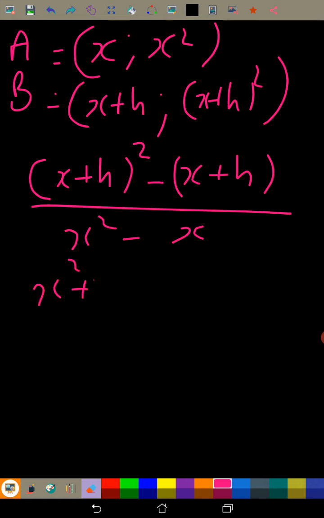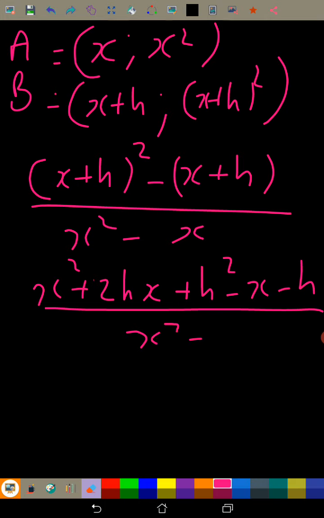We have x squared plus 2hx plus h squared minus x minus h divided by x squared minus x. So what we see here, we can try to simplify.